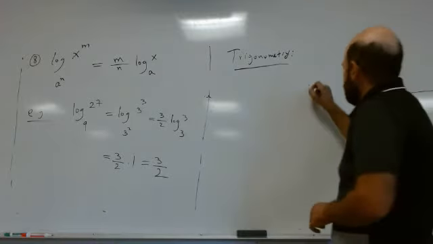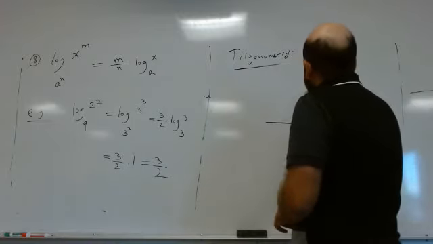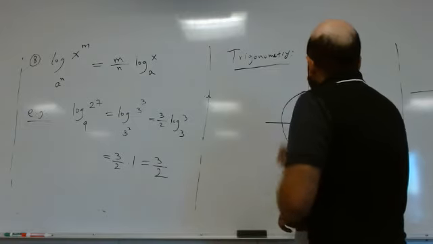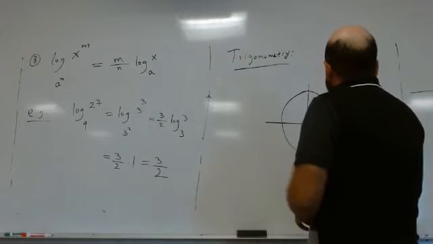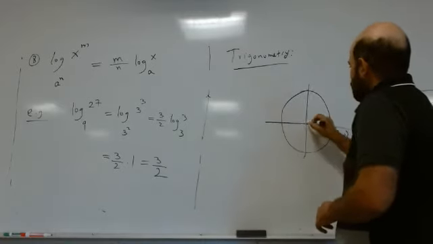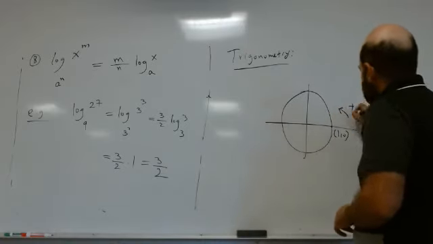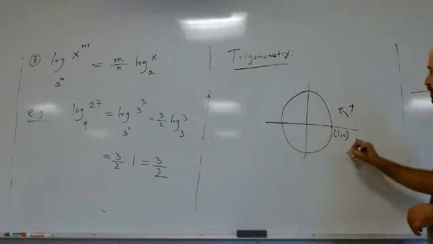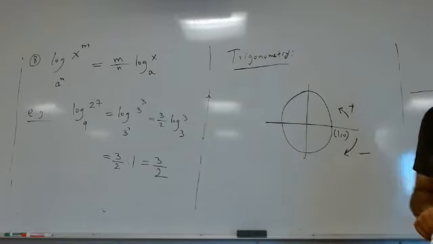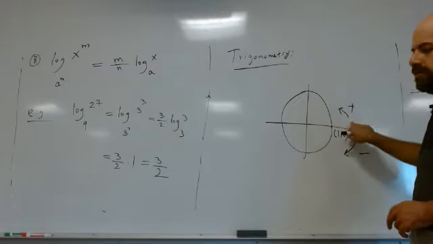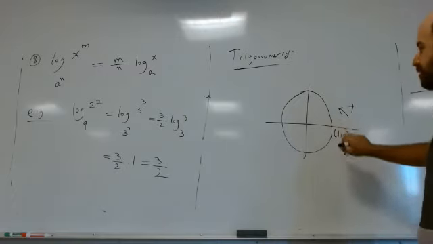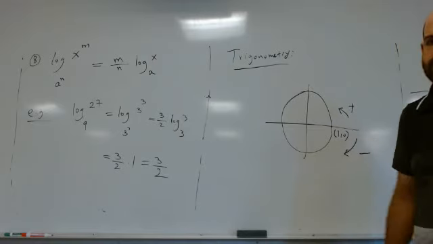So if you remember, for trigonometry, you have to always work with the unit circle. So this is, let's say, 1 and 0, right? And let's say you have two directions, positive direction and negative direction. So positive direction is the counterclockwise direction, negative direction is the clockwise direction.